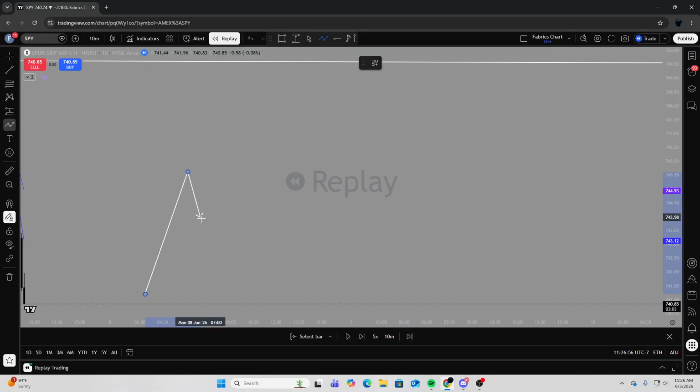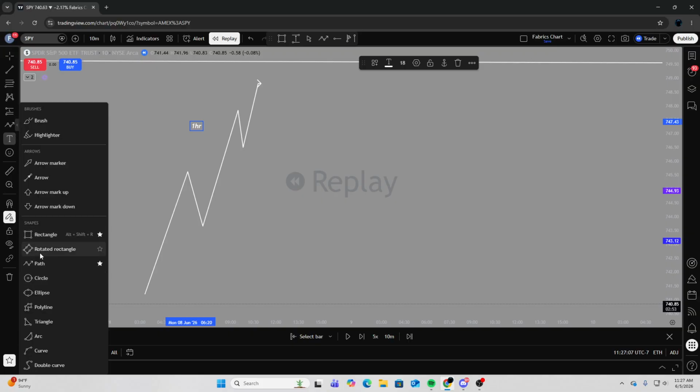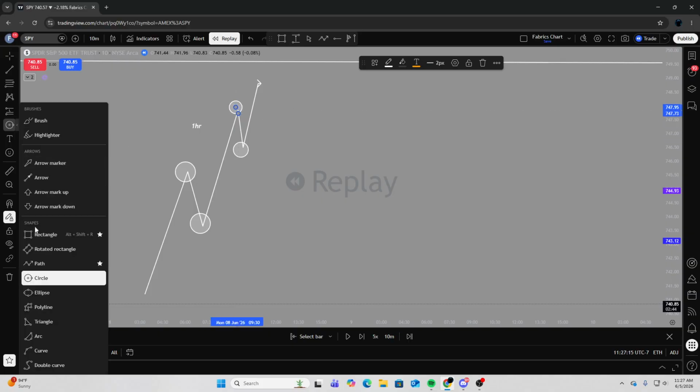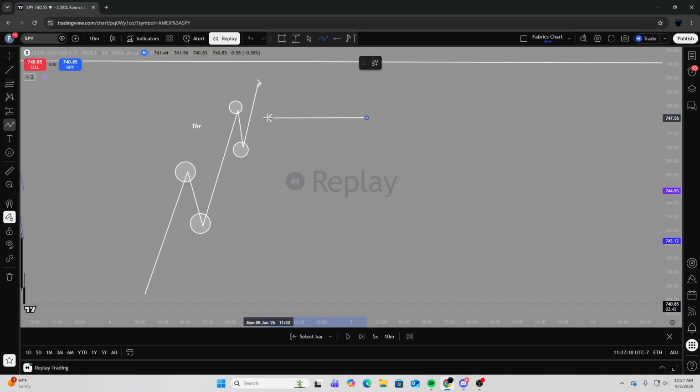Let's just put it here for example. We're coming up, coming down, coming up, coming down, but let's just say this is the 1 hour. During these massive pullbacks or massive events, we're also going to add one right here. Actually, hold on.